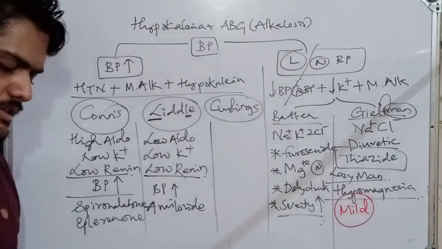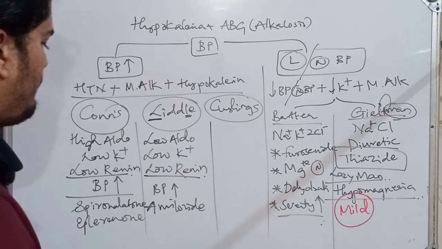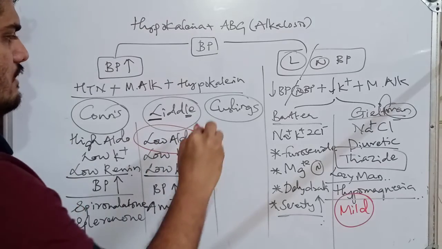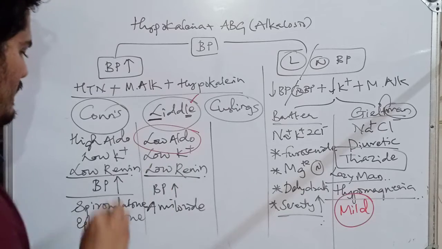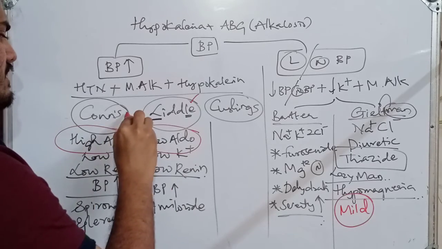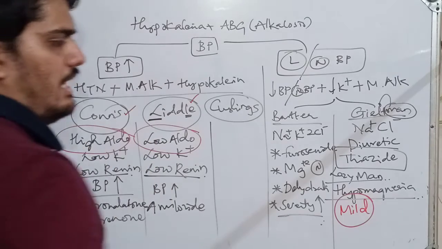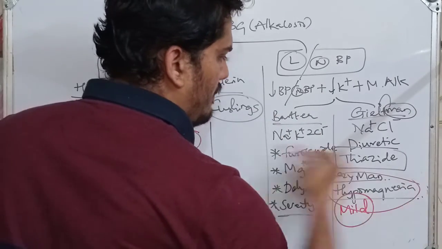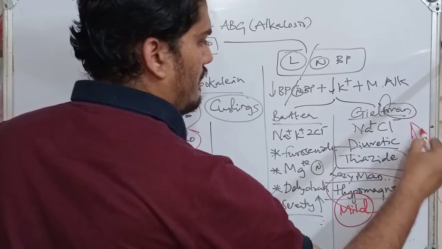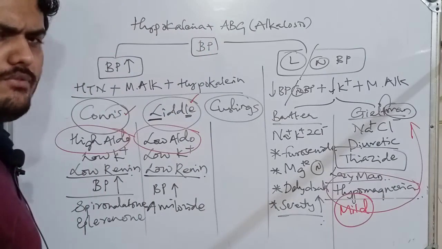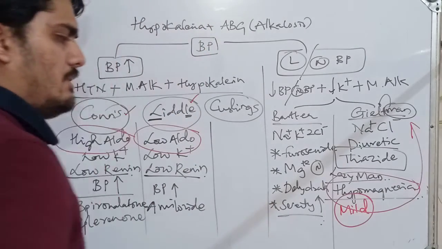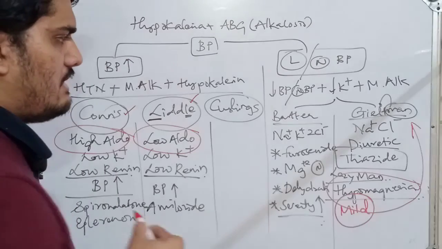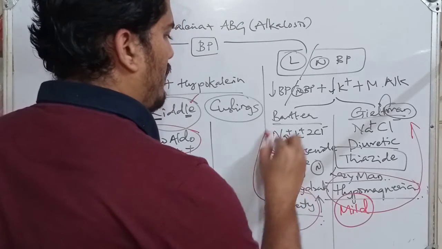So in short, if you briefly say, if the patient's aldosterone level is low, then the diagnosis is Liddle syndrome, point to be noted, and if aldosterone level is high, the diagnosis is Conn syndrome. And if the MCQ says something about hypomagnesemia, the diagnosis is Gitelman syndrome, and if the severity of the symptoms is very high, so the patient usually ends up in ICU or with poor prognosis, the diagnosis is Bartter syndrome.